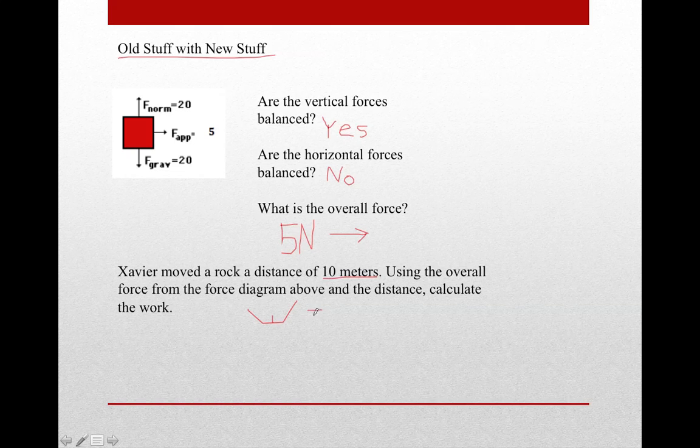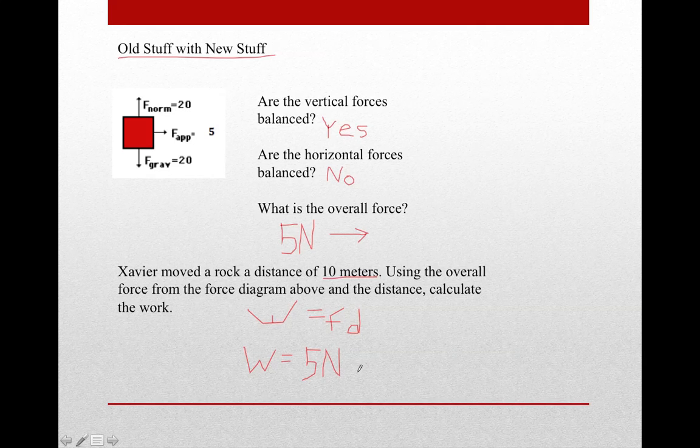So I start off, work equals force times the distance. So work equals my force, which I got from the force diagram, the unbalanced force, that is 5 newtons.